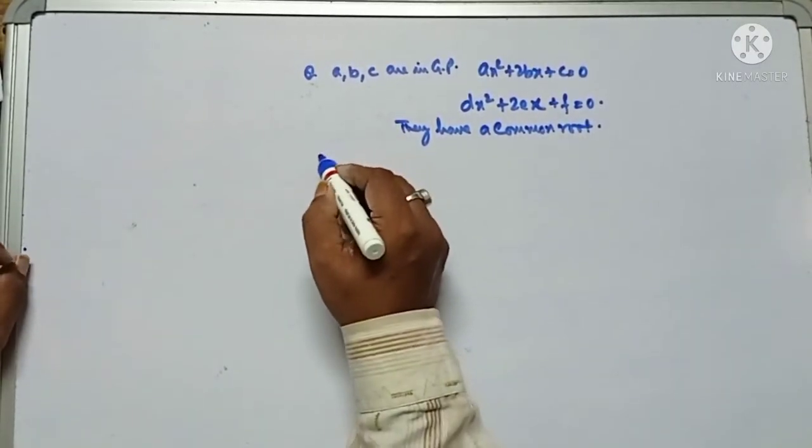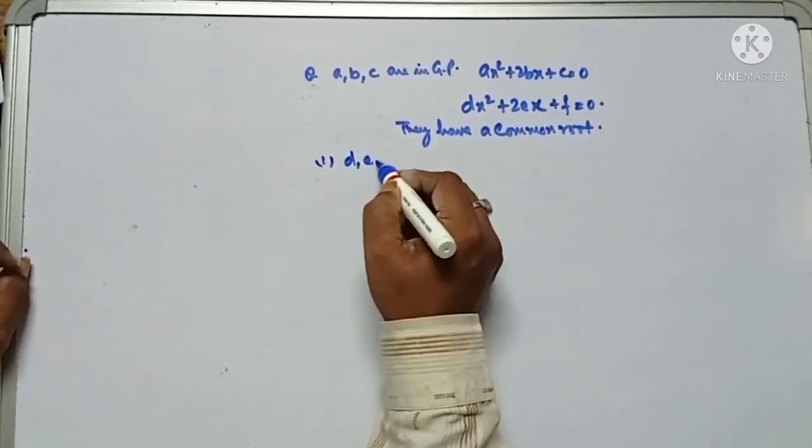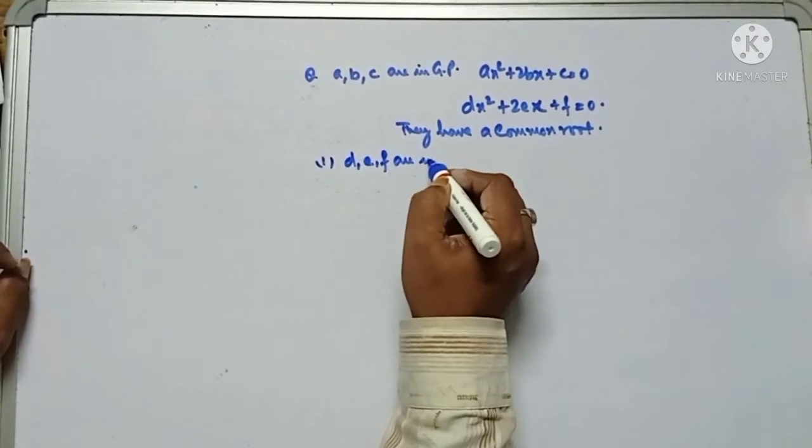The options were given. First option, D, E, and F are in AP.